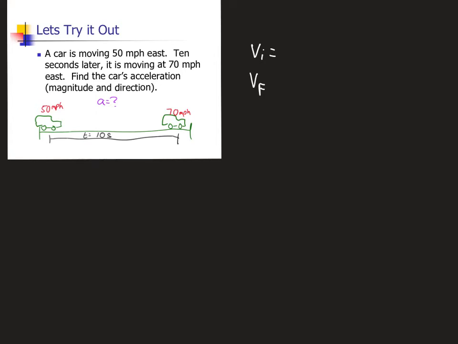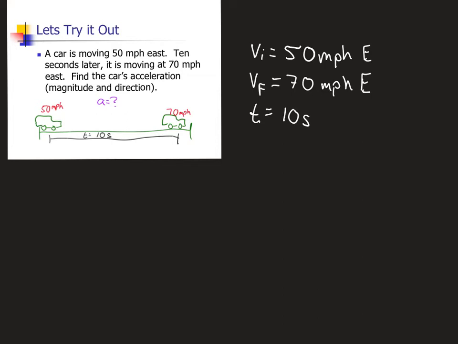Sometimes it will be written with a 1, but 50 miles per hour. We won't get technical, we'll put the east there. The final velocity is 70 miles per hour east. We have a time given to us of 10 seconds.